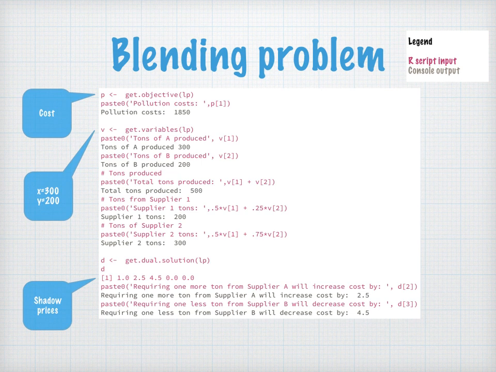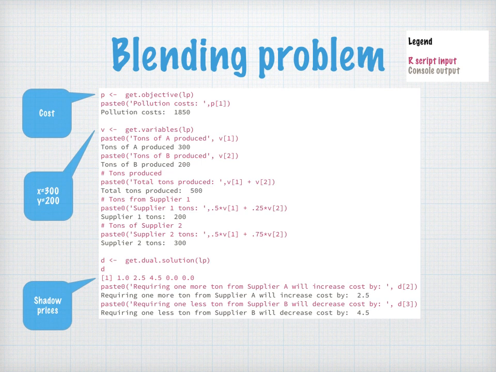Again, I use the paste function to interpret the values for you. So you'll see that it states that requiring 1 more tonne from supplier A will increase the cost by 2.5. The second statement says that requiring 1 less tonne from supplier B will decrease the cost by 4.5.